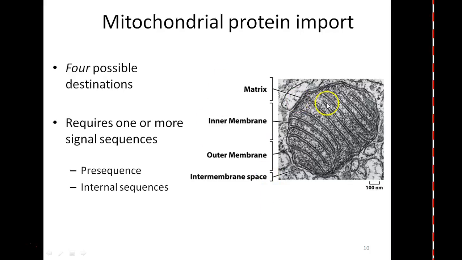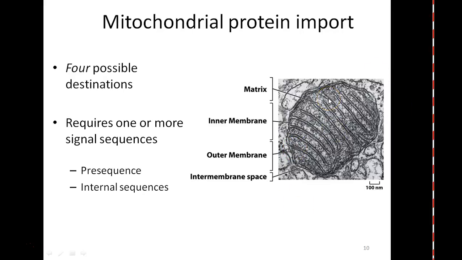We can have an import into the matrix, which is the most difficult to reach for the cytoplasmic proteins. The second destination is the inner membrane, those regions that we can see here. There are a lot of complexes and a lot of very important proteins that have to be embedded into the inner membrane.